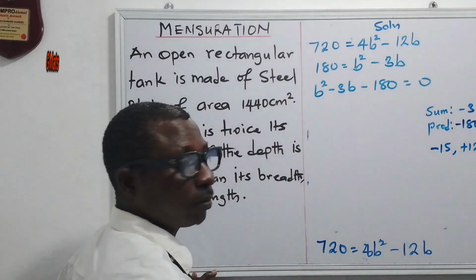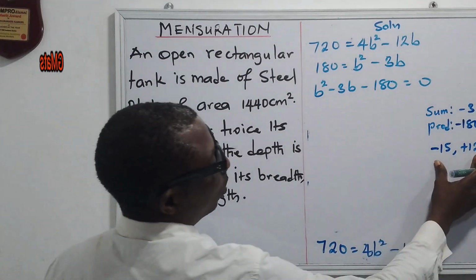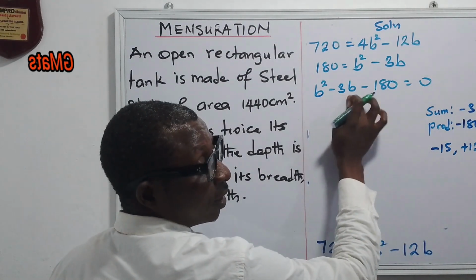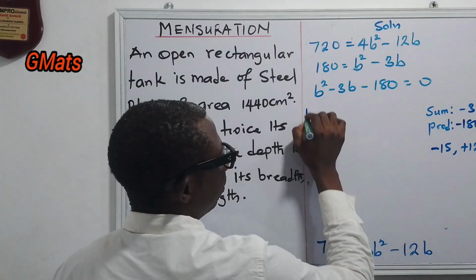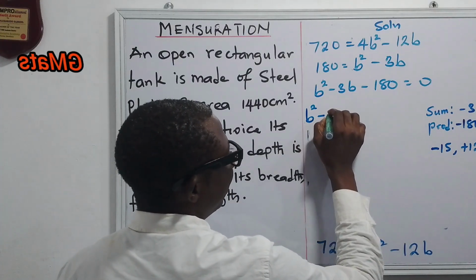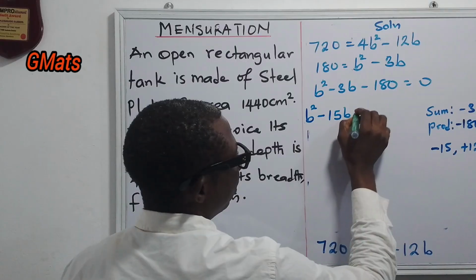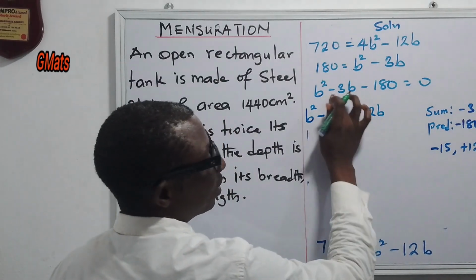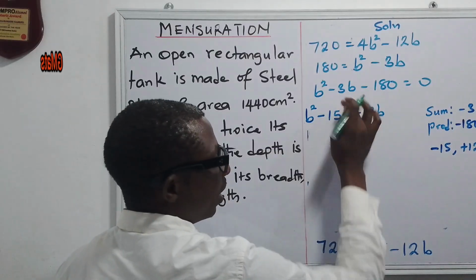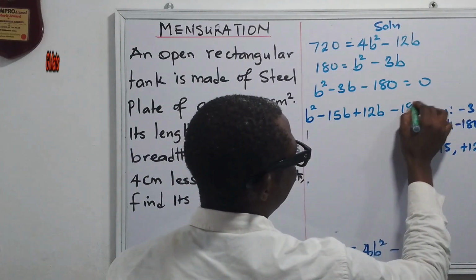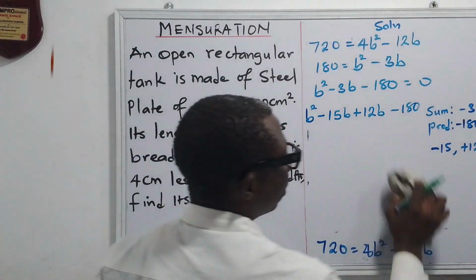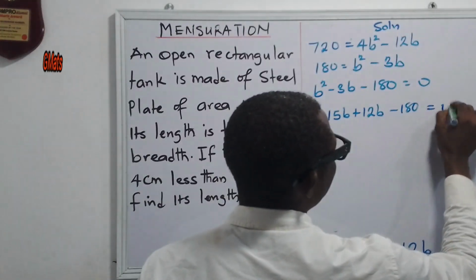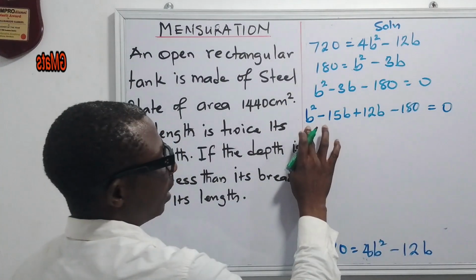Okay, so now we incorporate this into this equation. This negative 3B will change. So we have B squared, negative 15B plus 12B, which is the same thing as negative 3B, then negative 180 equals 0. Now let's look at this first pair.